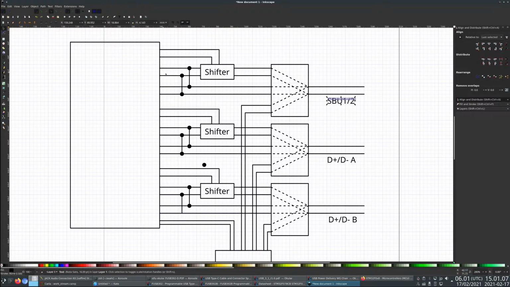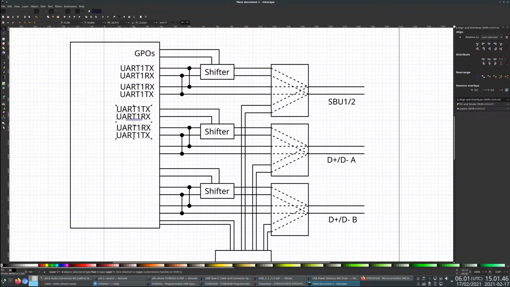So for example, in this case, these would just be direction control outputs, and then these would be, and again, these would be pins that have this as one of the modes, but they can do more things, right?